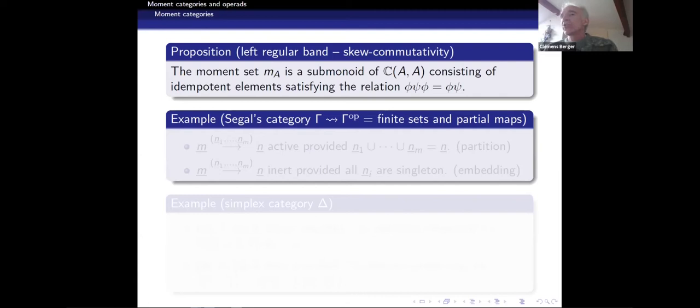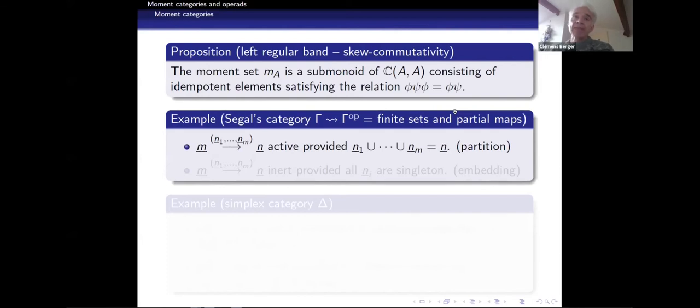It's also the same thing as saying finite based sets and based maps, so an external base point can be used to define partial maps. But for me, it's very important not to dualize, but to take the initial definition of Segal in order to have the right direction of the arrows.